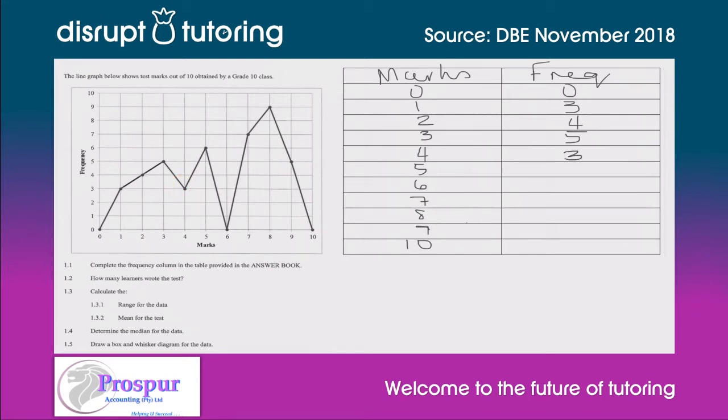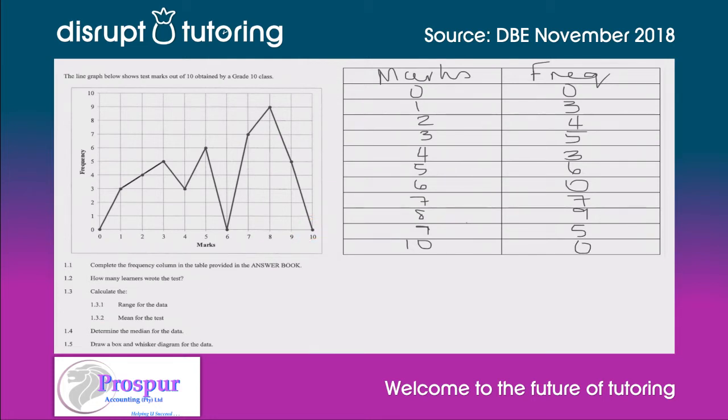Moving on to 5 marks, that is going to be 6. 6 marks would be 0. 7 marks would be 7. 8 marks, we've got 9. And then 9 marks, we've got 5. And finally, 10 marks, we've got 0.